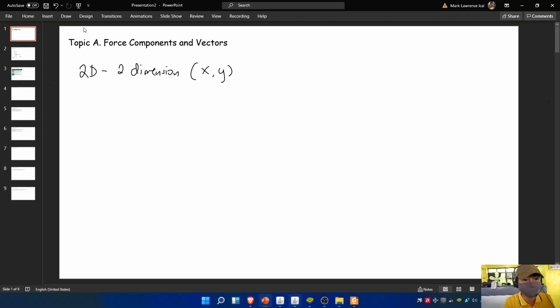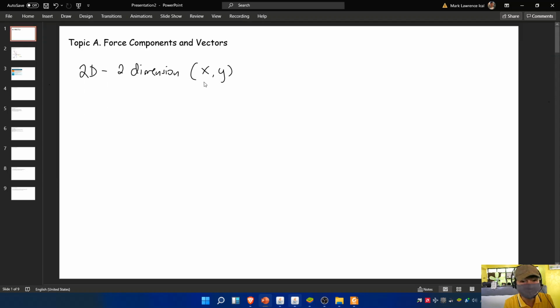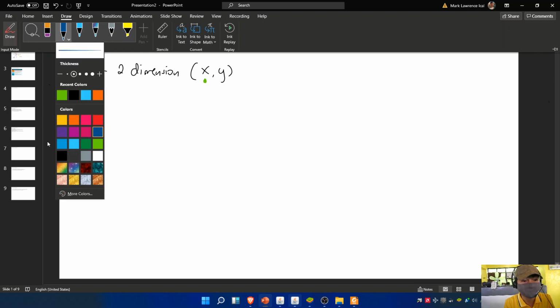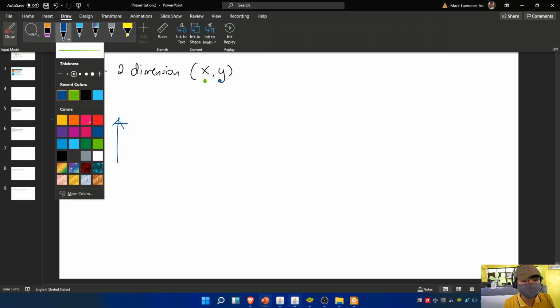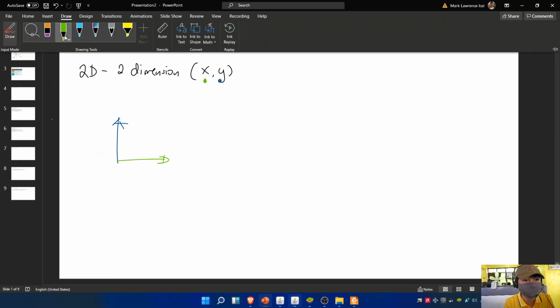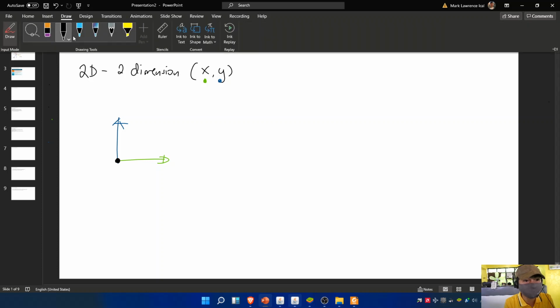So let's say the x axis is the green one, and the y axis is the blue one in this case. We have a y axis, we have an x axis, and let's say this is the body.